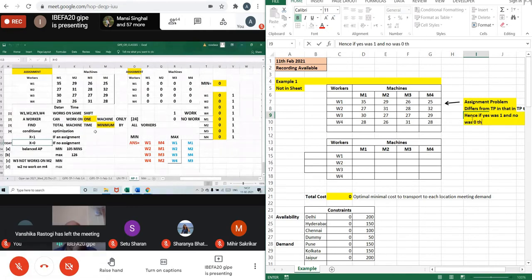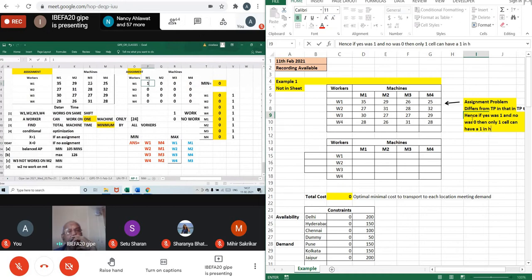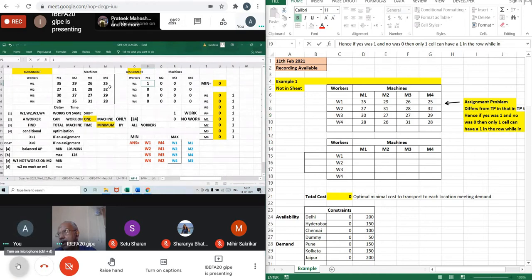For example, if worker 1 is assigned to M1, then the score is 1. And how much is the score for M2, M3, M4? 0, sir. So what is the row total? 1 only, sir. What is the column total? Again 1, sir.